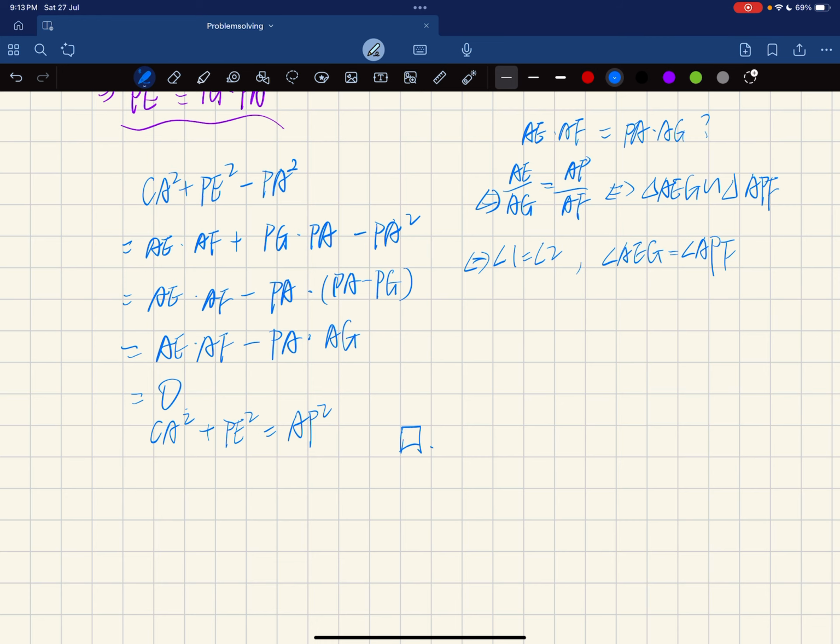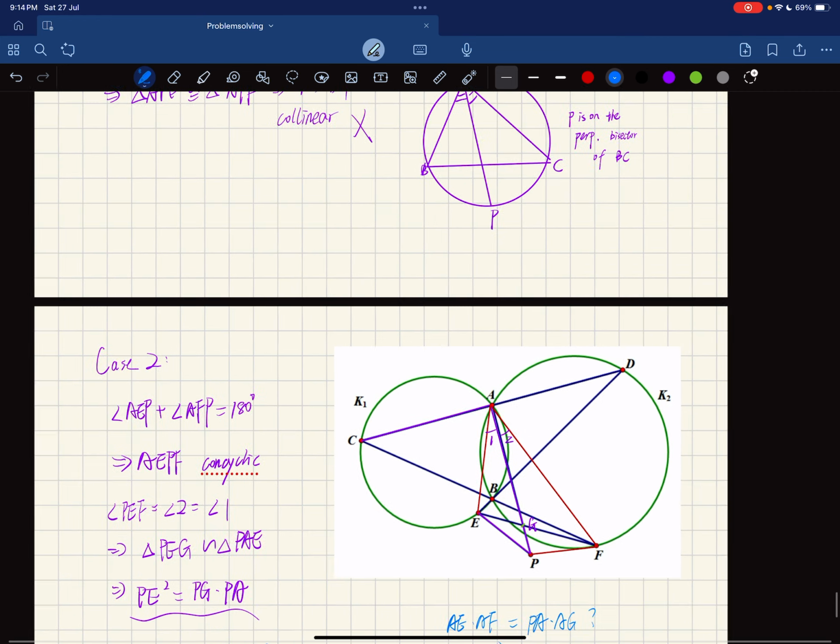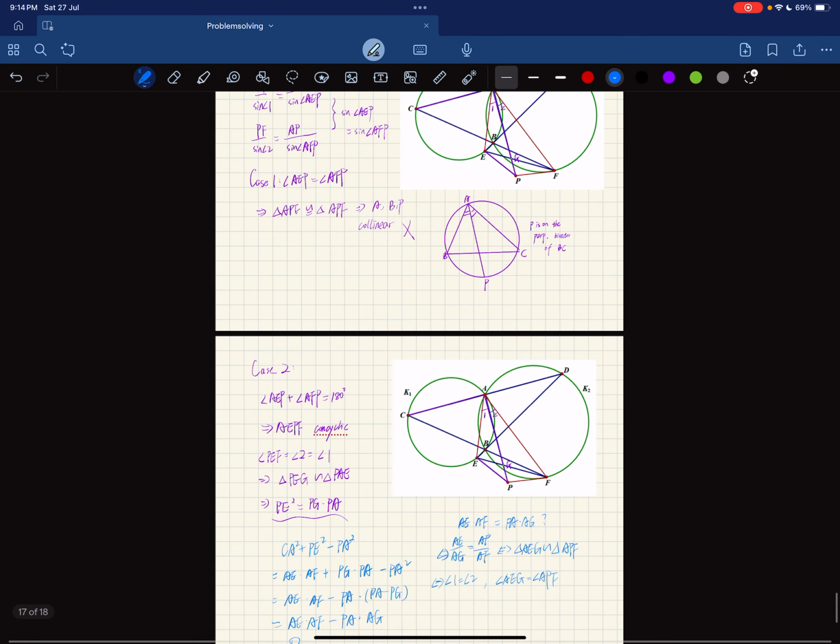So we have proved the problem successfully. Do you see that? It is maybe a little bit complicated to write down your thoughts or get your thoughts.